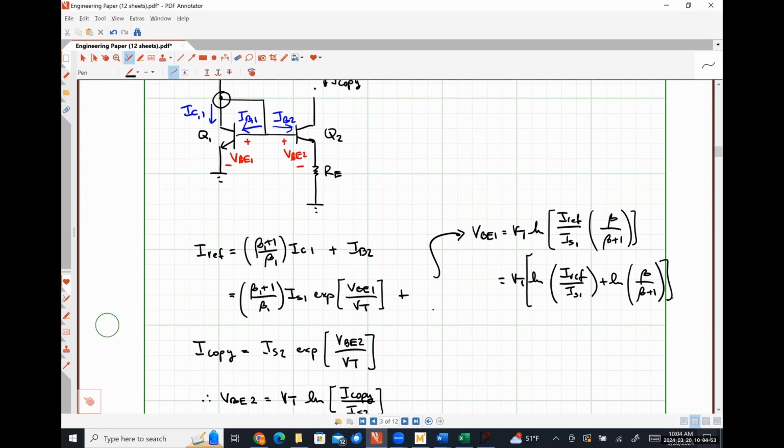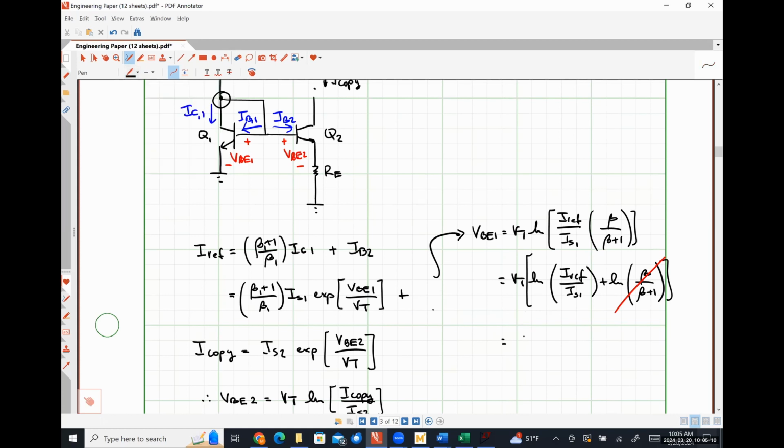So assuming beta is large, what's the natural log of something that's very close to 1? Something very close to 0. So we can throw that guy away.